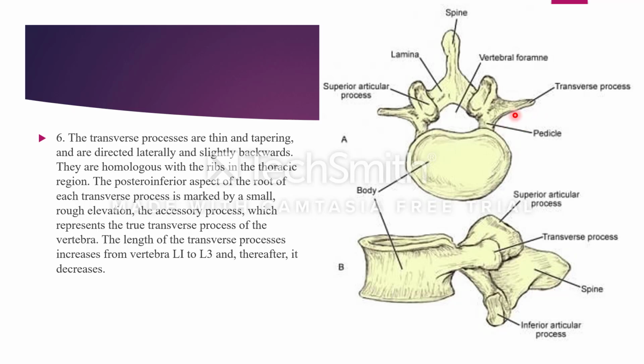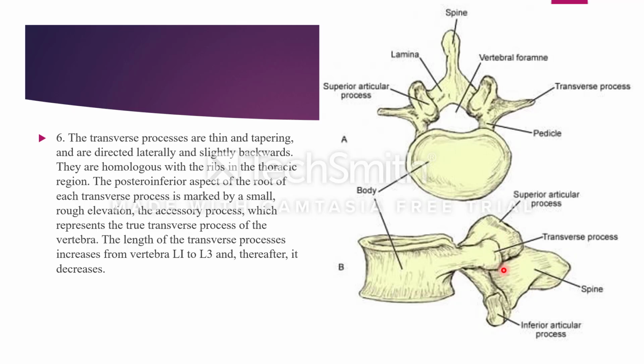The posterior inferior aspect of the root of each transverse process is marked by a small rough elevation. Okay, at the transverse process there will be a small rough elevation that is named the accessory process. Where will the accessory process be present? The accessory process is present at the posterior inferior part of the transverse process.